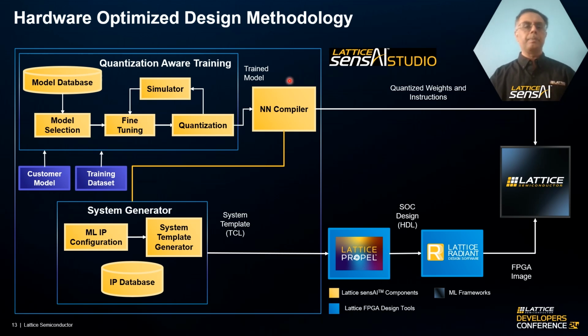And the neural network compiler is at the heart of the whole tool suite, where it will generate the runtime for the neural network to do the inferencing on our FPGA. If you are familiar with TVM or TensorFlow Lite, this is very similar to that. The neural network compiler from Lattice will provide an equivalent to do the inferencing on any of our Lattice devices.